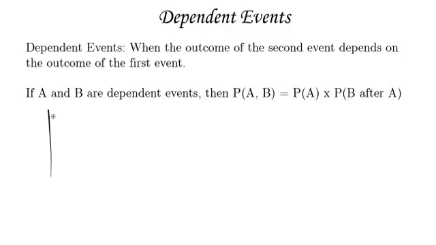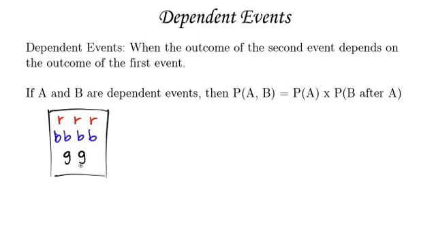So, back to the bag of marbles. Again, 3 red, 4 blue, and 2 green marbles. Same bag of marbles, but now it becomes dependent events.